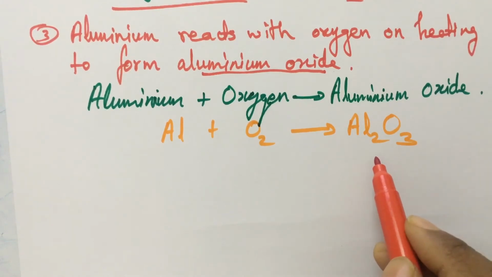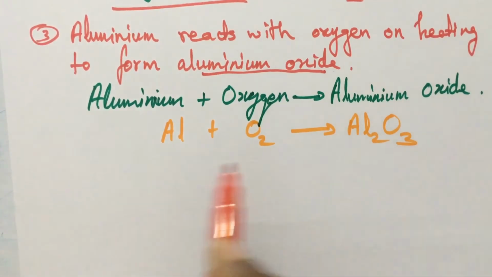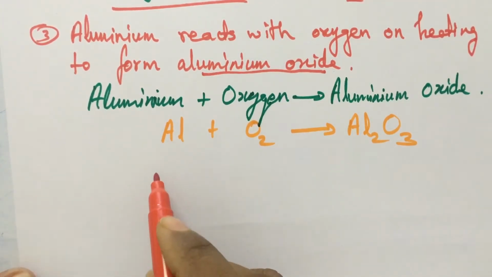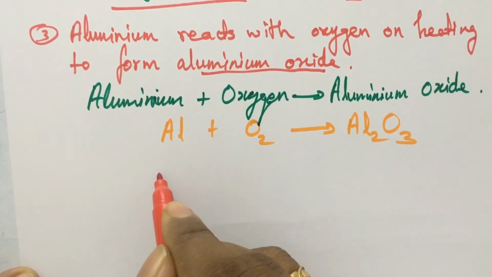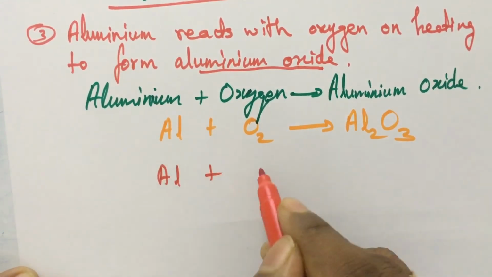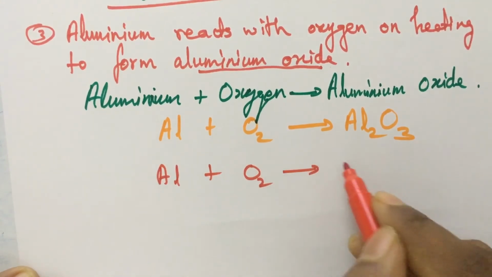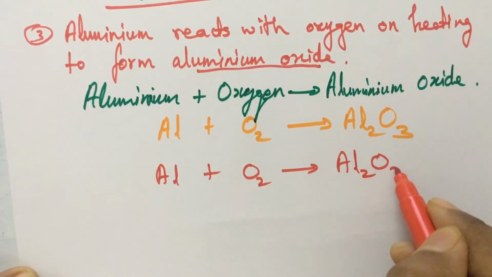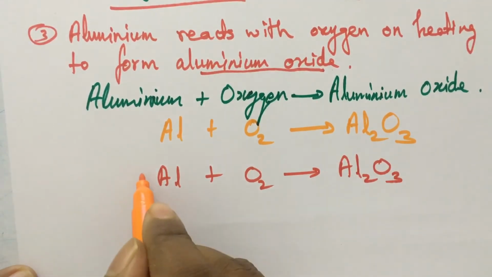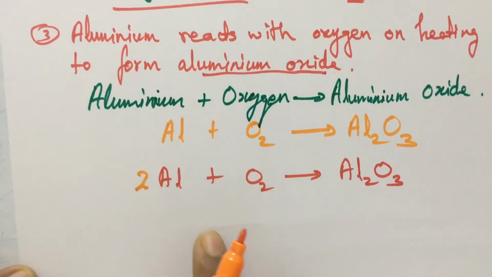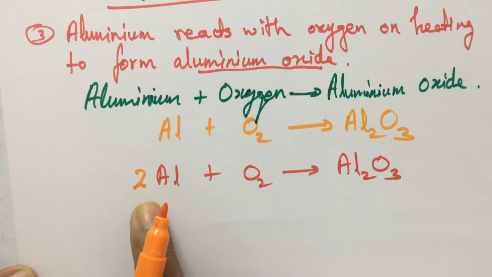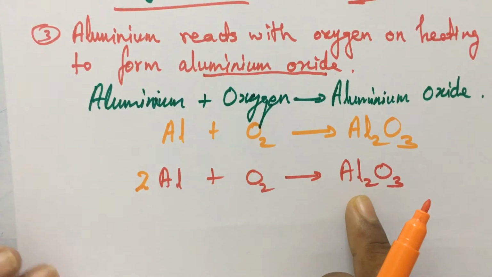To balance aluminum atoms, multiply Al by 2. Let me write once again: Al plus O2 gives Al2O3. Here let me multiply by 2, so that aluminium becomes 2Al and 2Al, right?